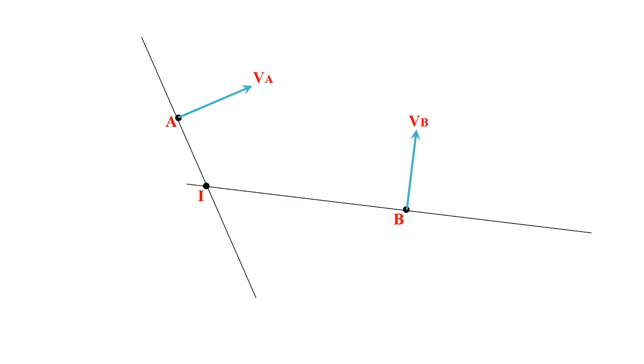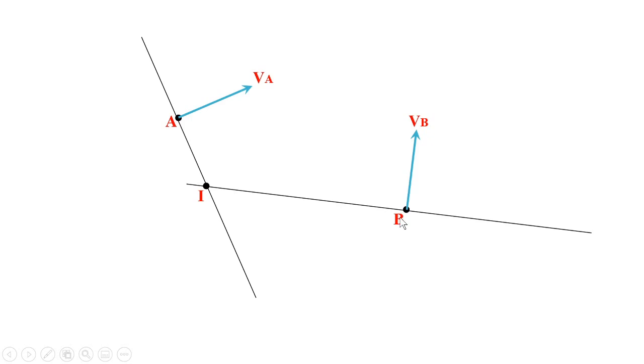Now, what relation can be written? What relation can we find from this? What is the distance corresponding to the radius, the length of the link here? In case of A, if this is the center, IA will be the corresponding radius or length, and in case of B it will be IB.